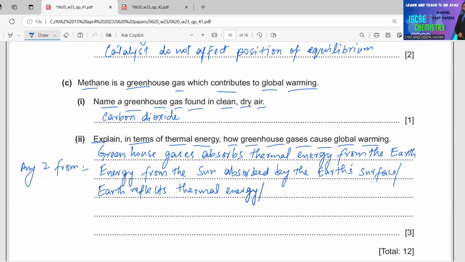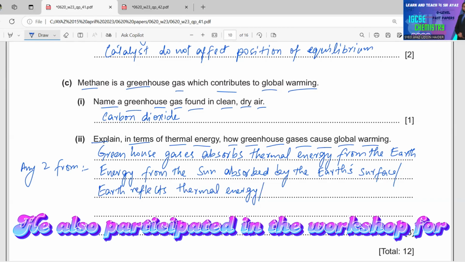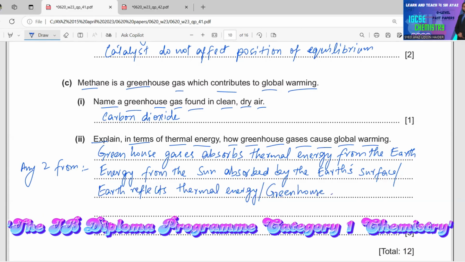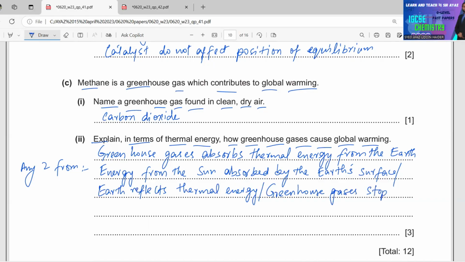Next point, these greenhouse gases are reducing the loss of this thermal energy into space. Greenhouse gases stop thermal energy loss into space.